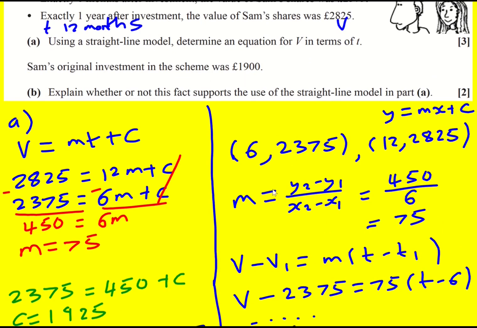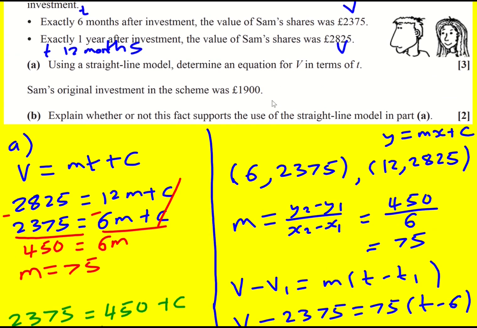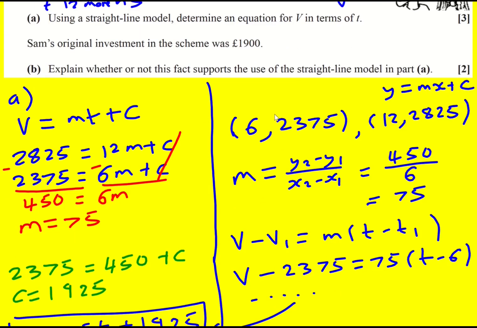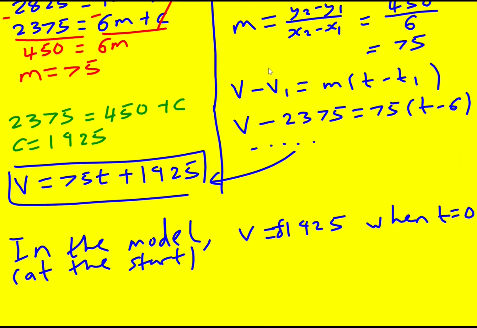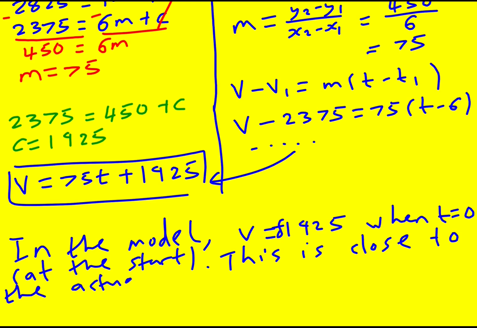So that's pretty good. It's not far off, is it, when you think about it? A model is never going to be exactly perfect. It's not going to be a perfect straight line, but this is close to the actual value of 1,900.